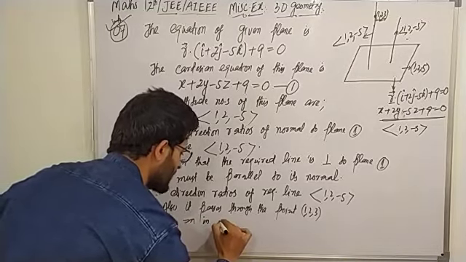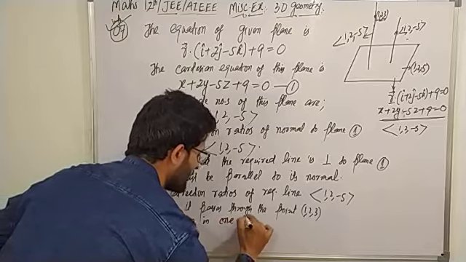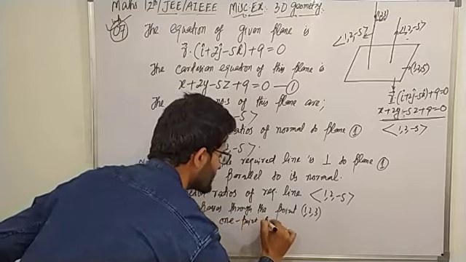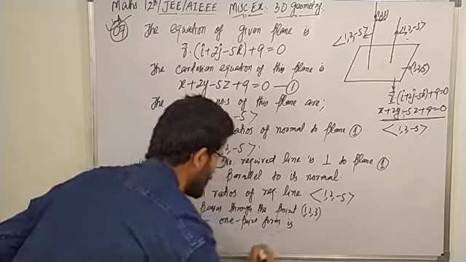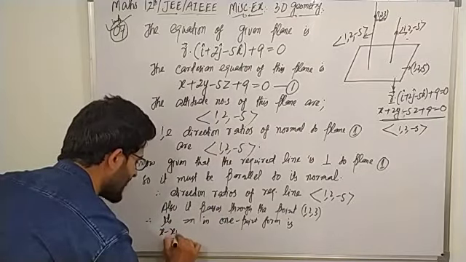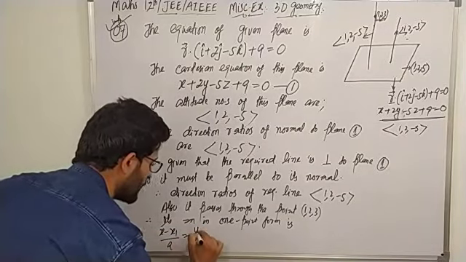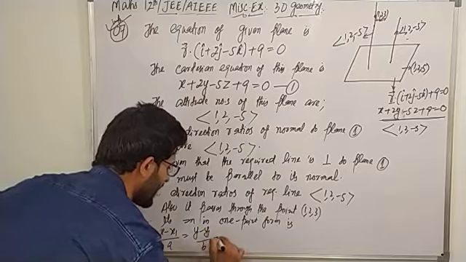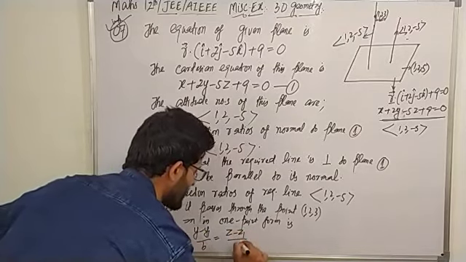Therefore its equation in one point form is, so what will be the equation of the line in one point form? x minus x1 by a equal to y minus y1 by b, and that's equal to z minus z1 divided by c.